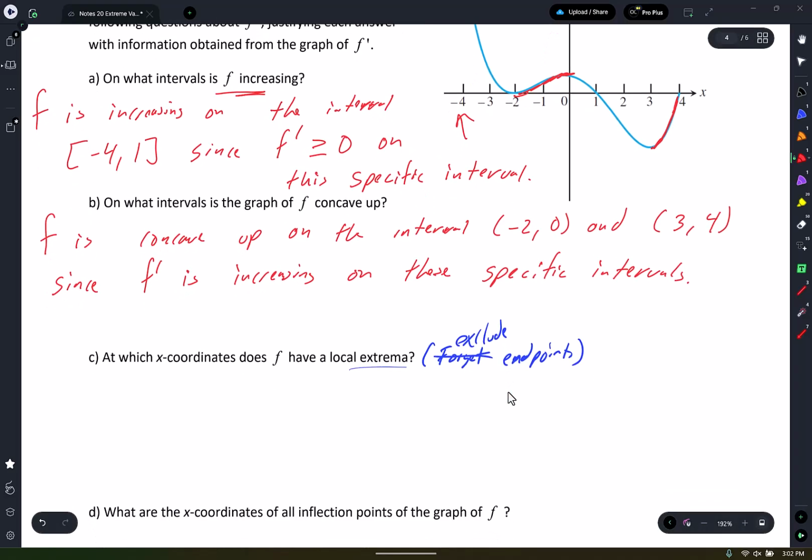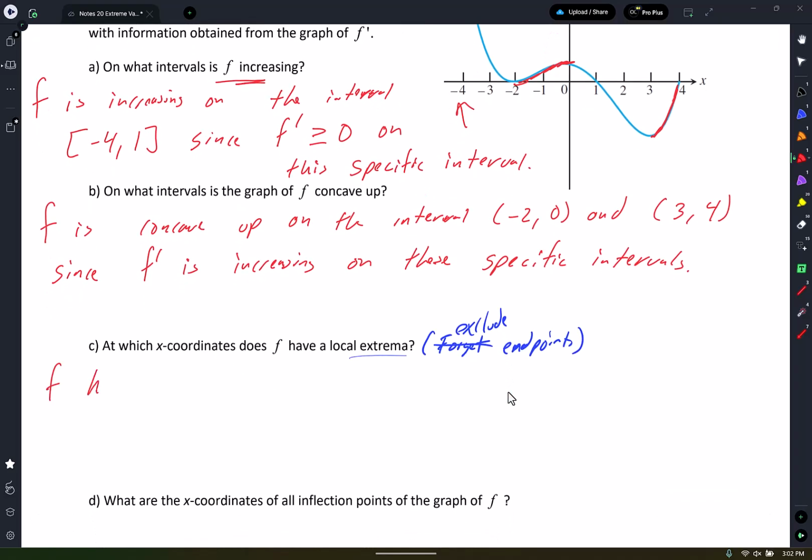Max on f. So I'm going to write f has a max at x equals 1 since f prime changes from positive to negative at x equals 1. Perfect. There it is.